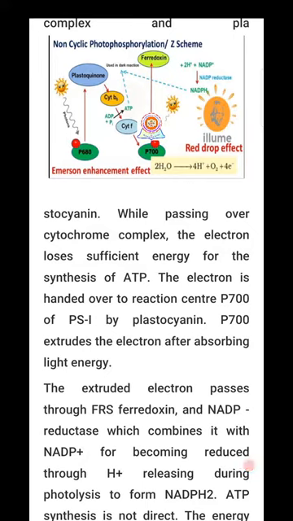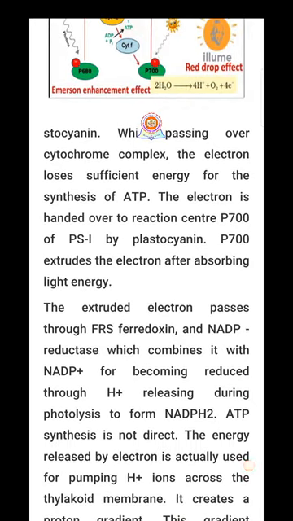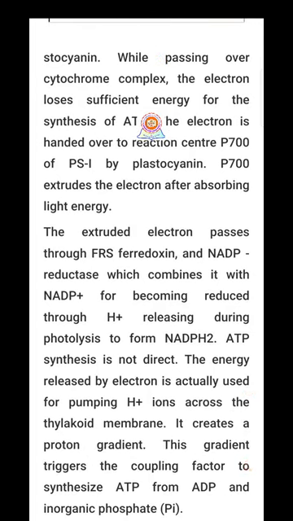Reaction center 1 expels the electron after absorbing light energy, and the expelled electron passes through ferredoxin and NADP reductase, which combines with NADP to form NADPH. NADP is reduced to NADPH2.